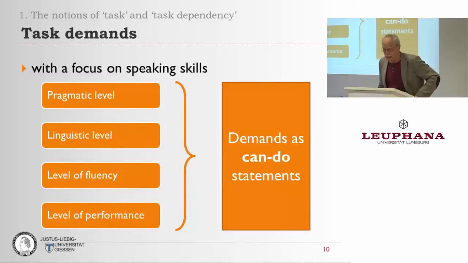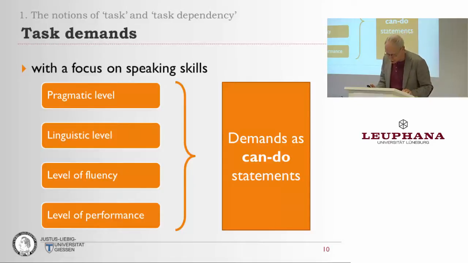On a linguistic level, demands are concerned with the range and choice of vocabulary, the use of structures and chunks, issues of pronunciation and intonation.